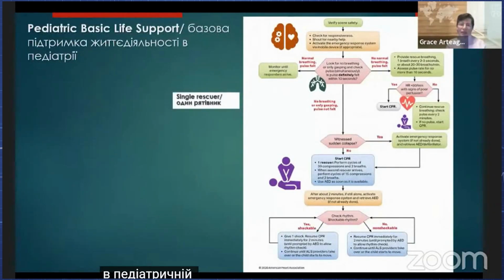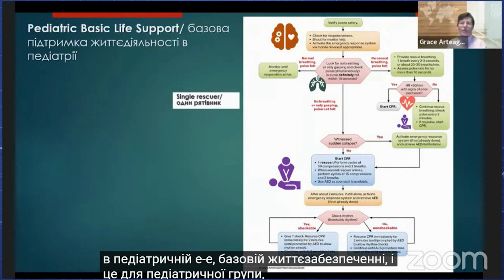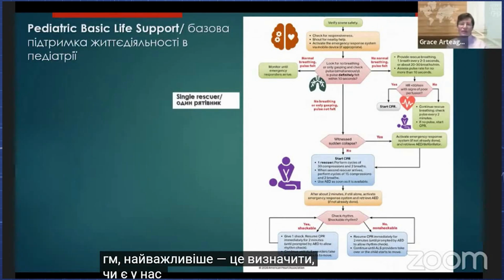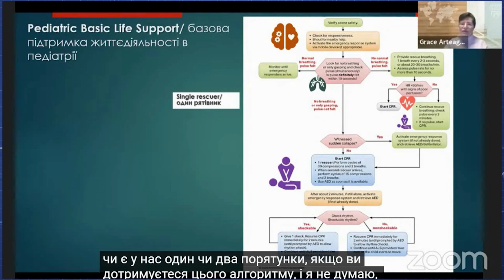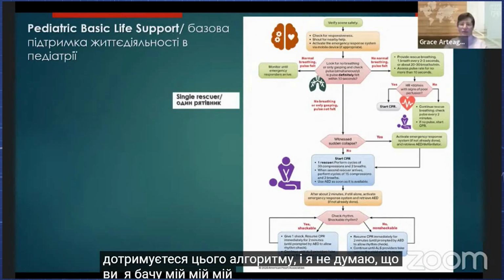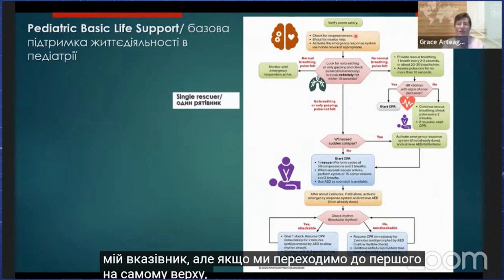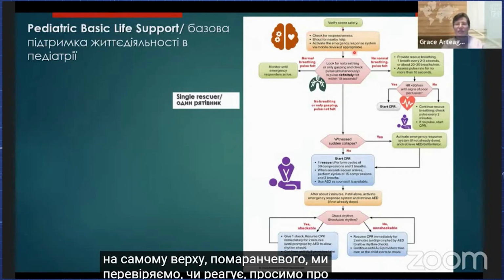In pediatric basic life support, and this is for the pediatric group, the most important thing is to define if we have 1 or 2 rescuers. If you follow this algorithm, and I don't think you can see my pointer, but if we go to the first one, on the very top, the orange one, we check for responsiveness and ask for help.